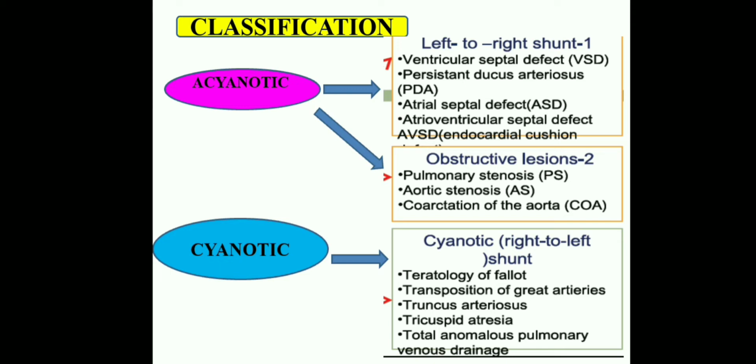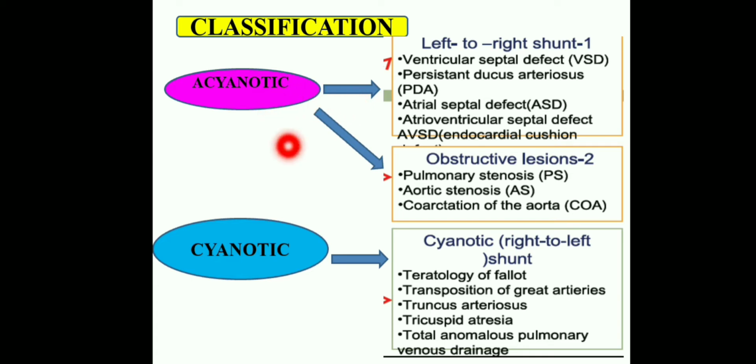Acyanotic conditions mean left to right shunt, and in the cyanotic conditions there is right to left shunt. Left to right shunt means there is some shunt from the left side of the heart to the right side of the heart. In these acyanotic heart diseases there is increased pulmonary blood flow, so there is no cyanosis.